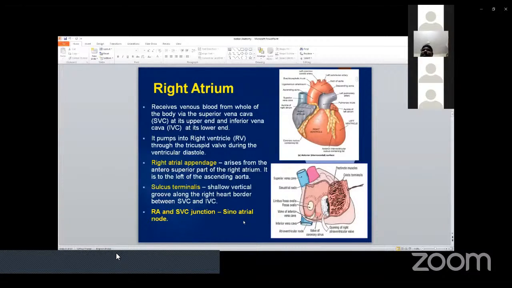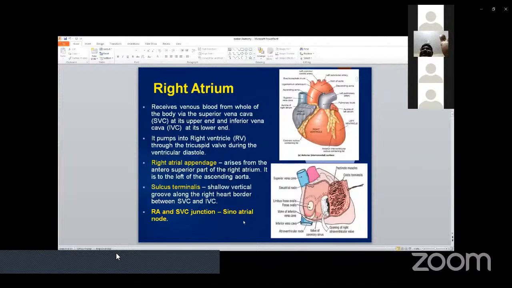Once the deoxygenated blood reaches the lungs, it is oxygenated by the lungs. Then the oxygenated blood flows into the left atrium.